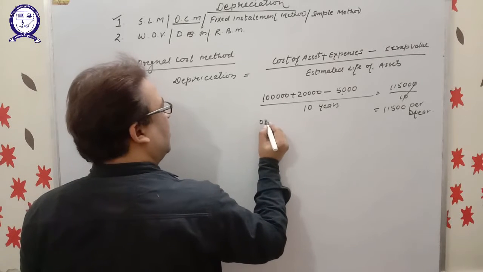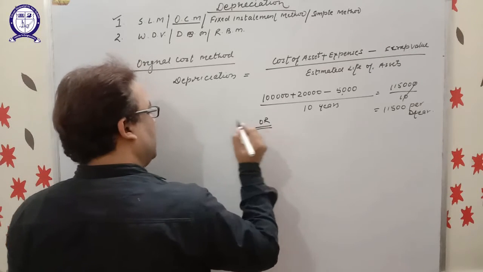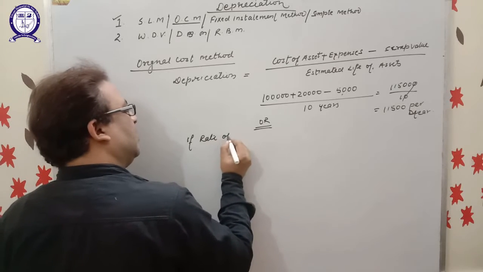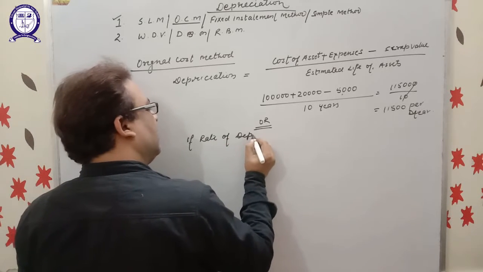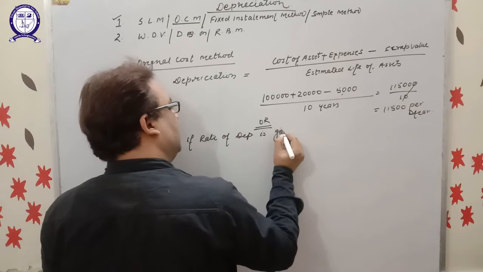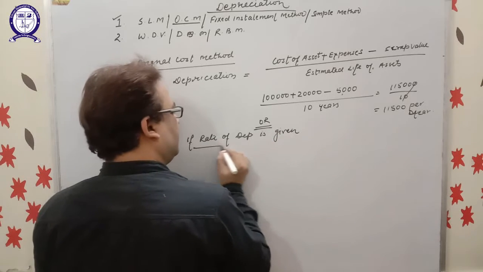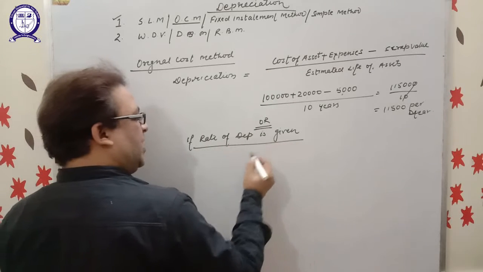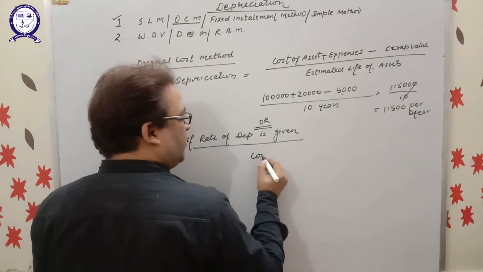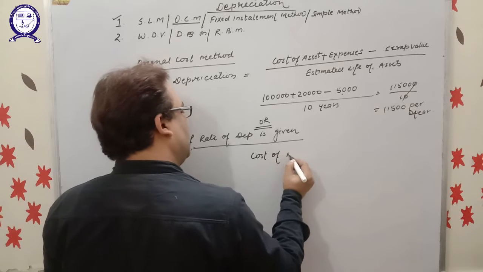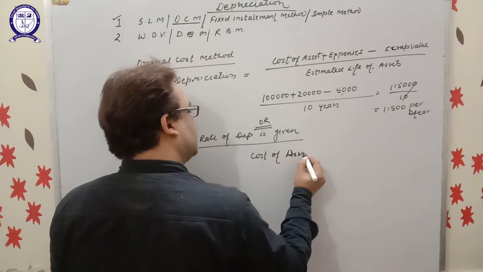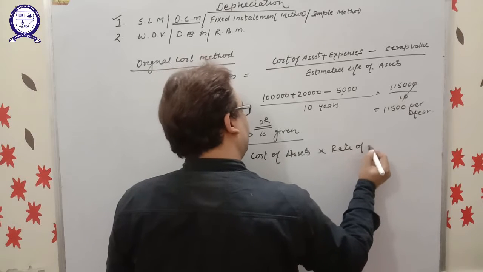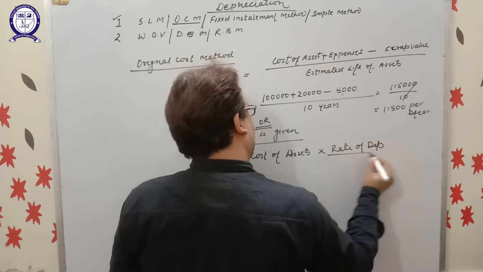Second method for the calculation of depreciation, if the rate of depreciation is given. Suppose the depreciation rate is given, then the formula will be cost of the assets into rate of depreciation divided by 100.